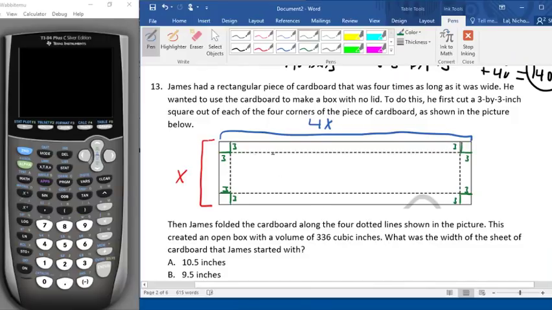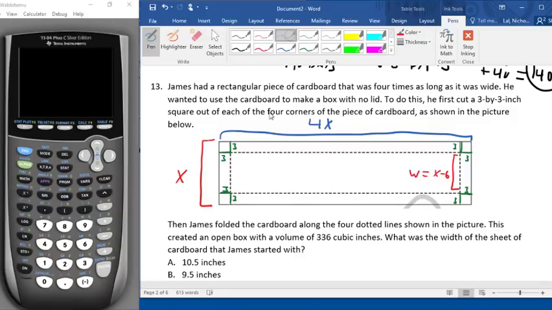And you're going to fold this box up so that this is going to be the base of the box. So this will be the length of our cardboard box when we fold it up. So when you fold it up, you're losing this. So you're losing 3 on this side and this side. So our new width is going to be x minus 6, because that's x minus 3, taking away this 3, taking away this 3 as well.